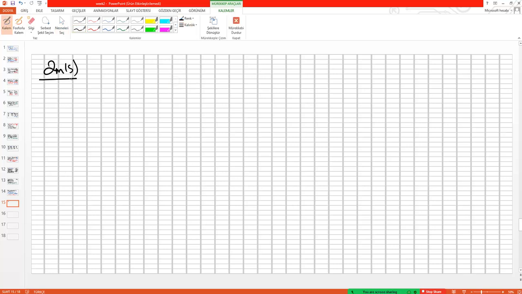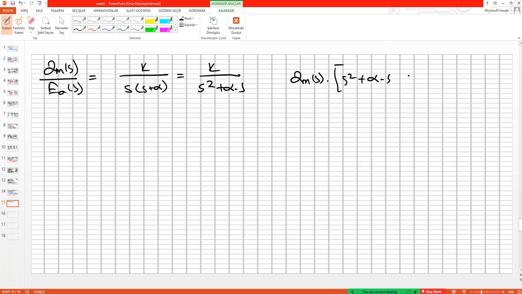Theta m and es can be built with k over s squared plus alpha s. Okay, and so theta m times s squared plus alpha s is equal to EA k. And so in time domain we should give theta m dot dot plus alpha theta m dot should be equal to EA k.